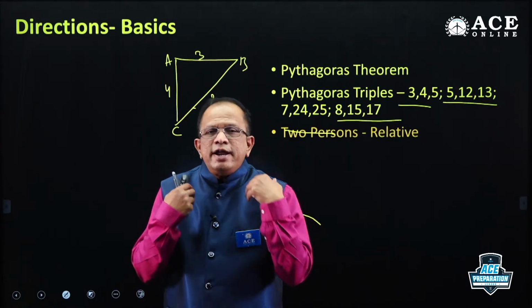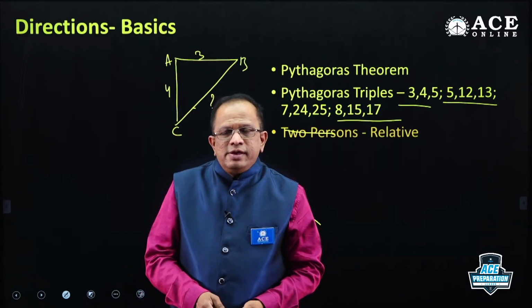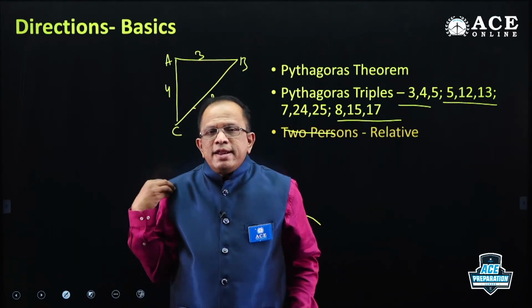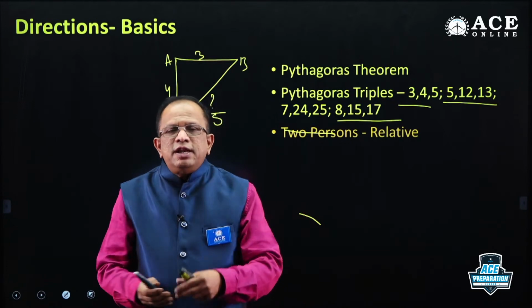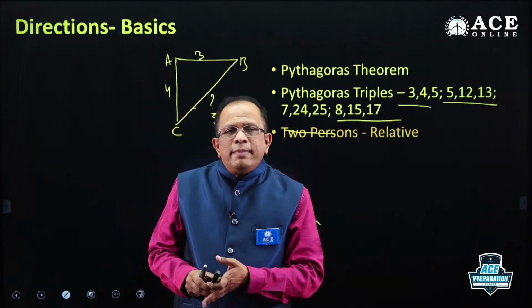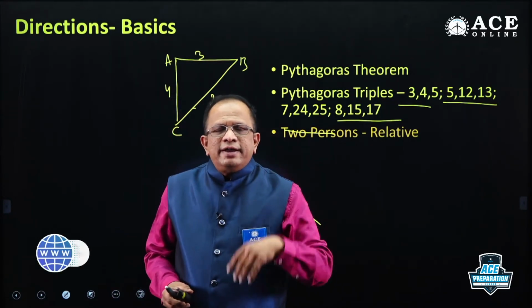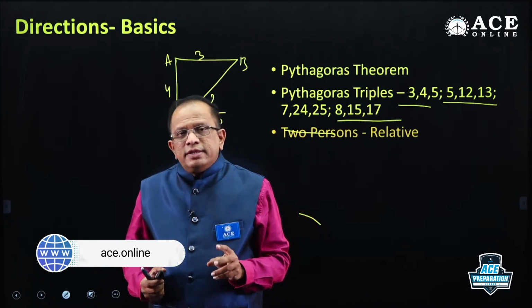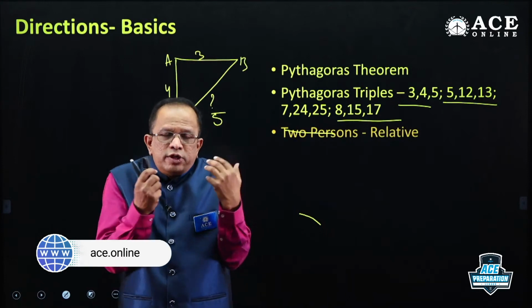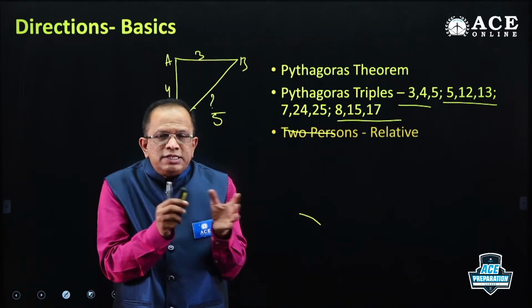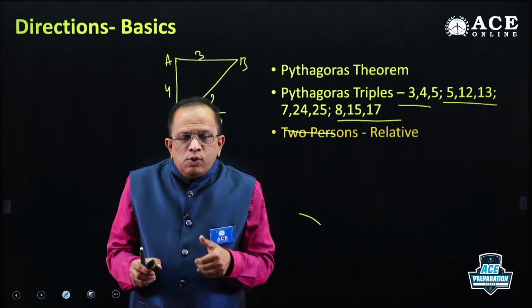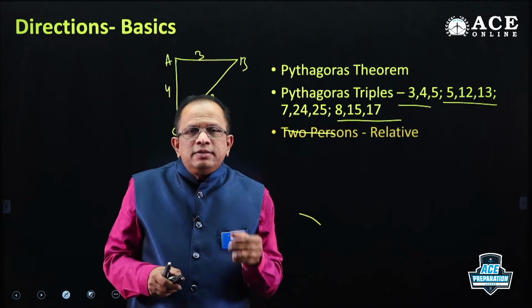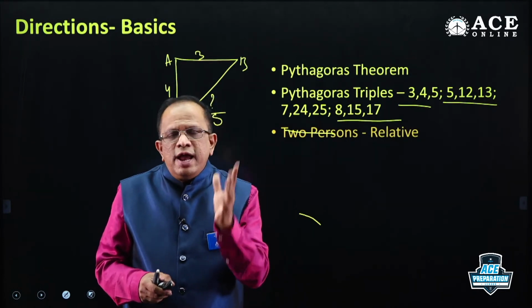Suppose someone is standing in front of me. My right becomes his left, and my left becomes his right. So whenever there are two people, you have to carefully observe who is in which direction and which position.